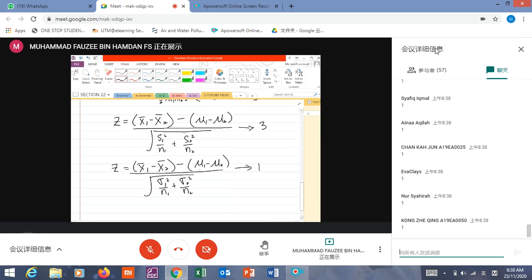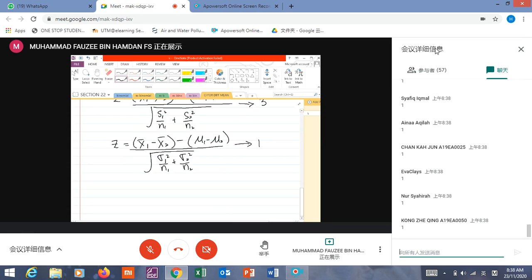Okay, I give you a chance to try to construct the confidence interval for case 1 and case 3.